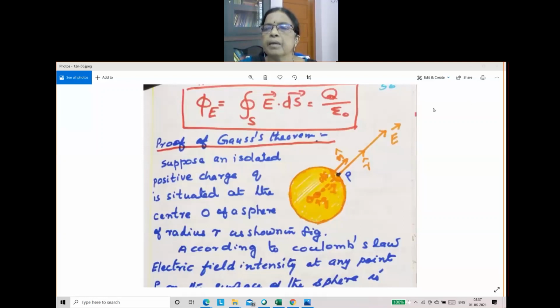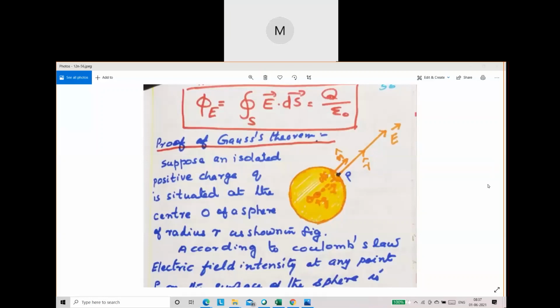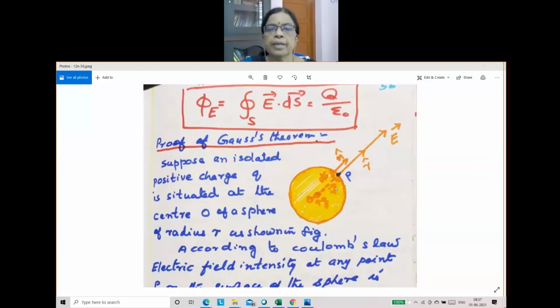Meghana, tell, what is the angle between area vector and electric field? Ma'am, is it 0 degree? Correct, 0 degree. Very good.